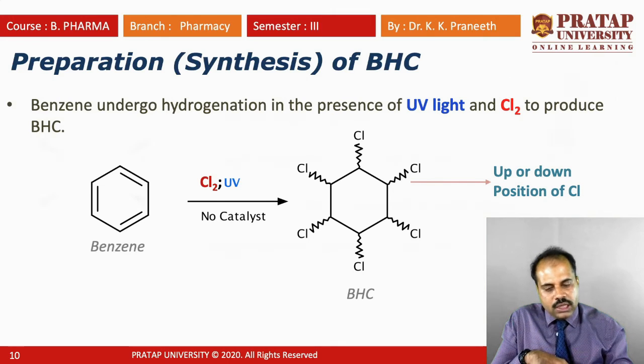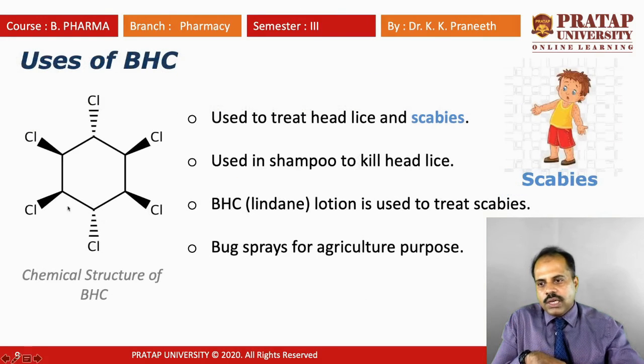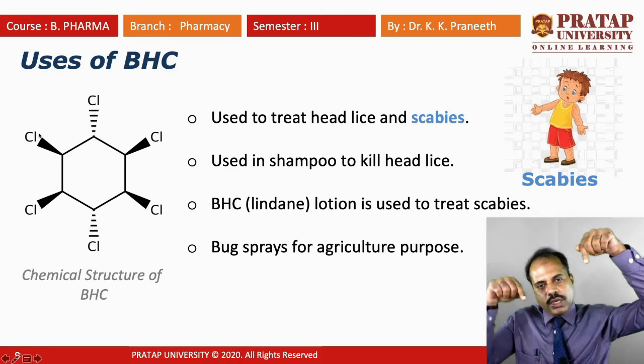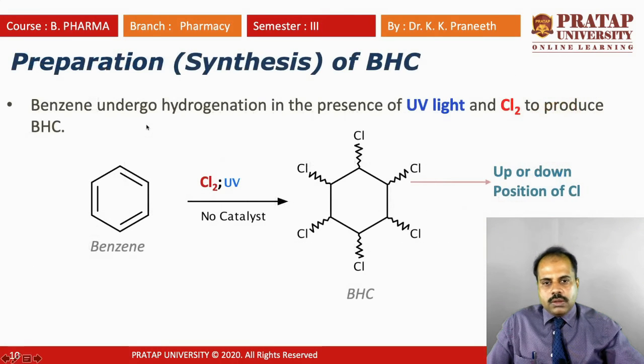But you can see in the other structure I mentioned here, I forgot to mention, a wedge bond means the chlorine is up, and the dotted or broken bond shows that the chlorine is down. So there are 4 chlorines up in this structure and 2 chlorines down. But here this is not the case.